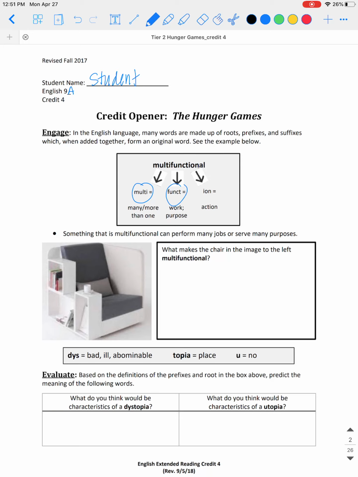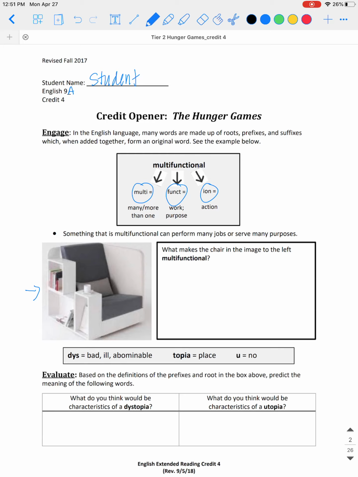So multi meaning many, more than one. Function means work or purpose, and then ion means action. So when you put it together, multifunctional, it has multiple purposes for action. So something that is multifunctional can perform many jobs or serve many purposes.